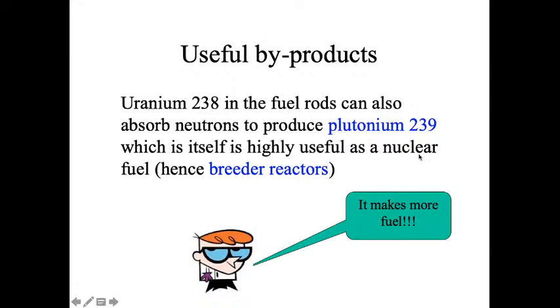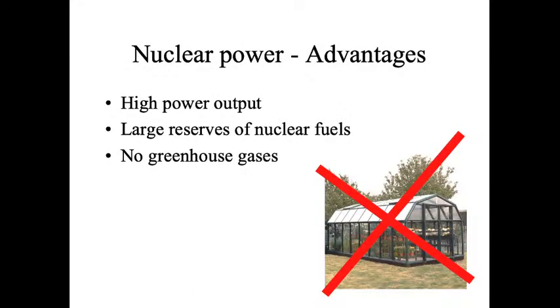So we can kind of create more fuel as we're doing this and then use a different nuclear reactor, a breeder reactor, which is going to be fueled instead of by uranium-235 by plutonium-239. And the process would be very similar, not quite the same, but you're getting a useful byproduct. It makes more fuel. That's very nice.